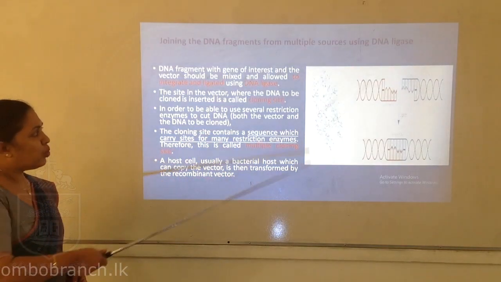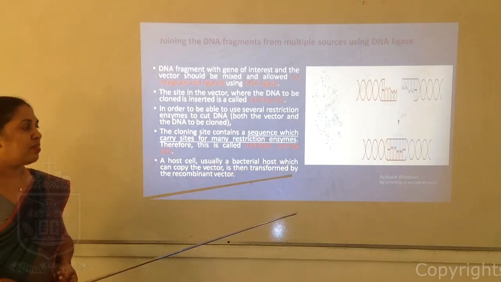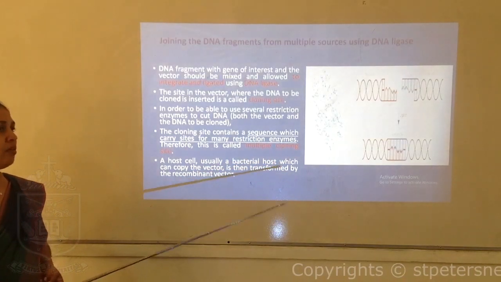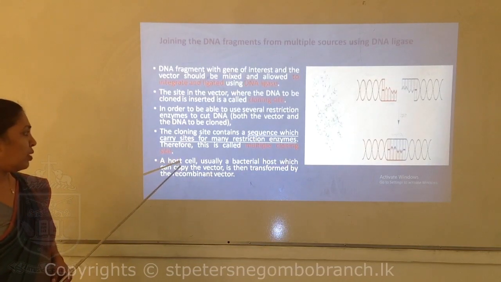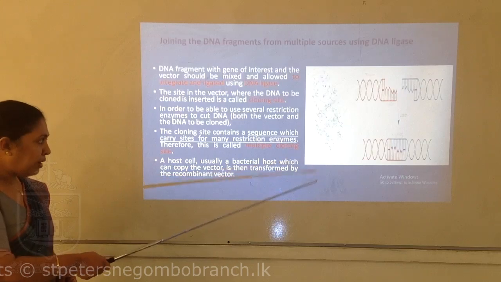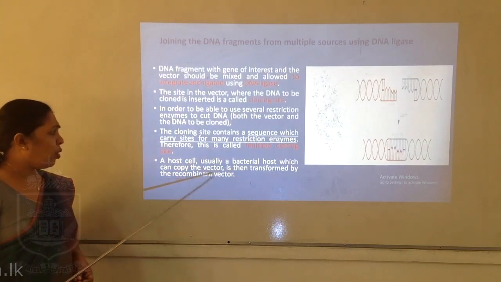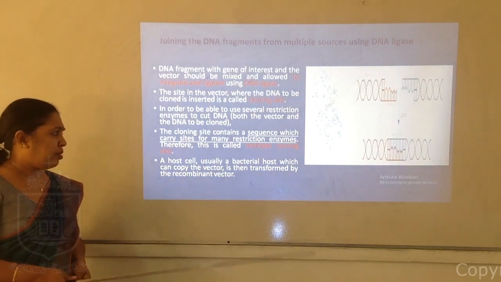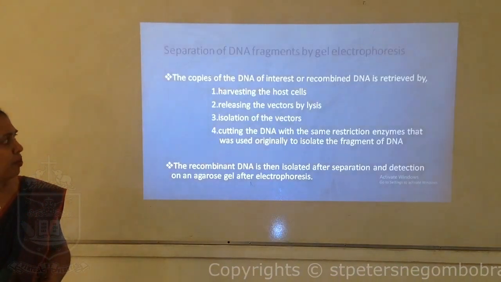So that site is known as a multiple cloning site, because using different restriction enzymes we can cut it whenever necessary. Usually a host cell is a bacteria. It is a bacterial host and can copy the vector, then it can be transformed into the recombinant organism.